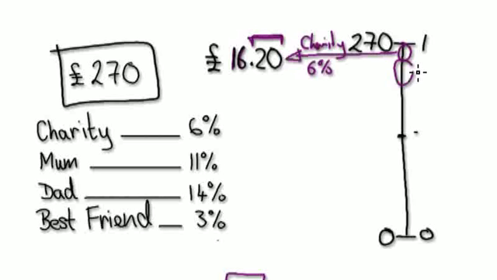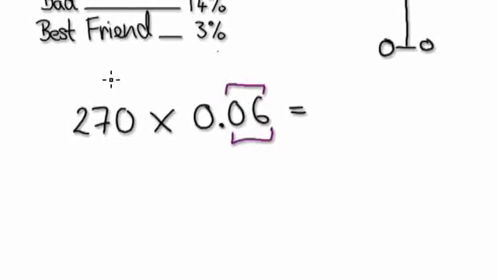So 11% probably will be this thing here. I'm guessing there, so it doesn't really matter that much. So this one will be going to mum. Mum would be 11%. So what is 11% of the original? Just get the original, 270, times, well, what is 11%?